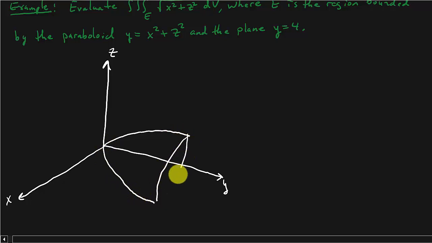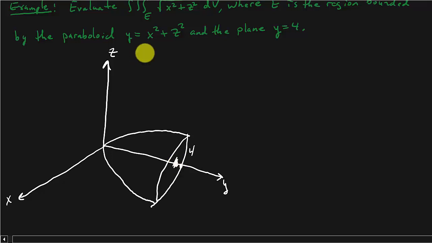We've got a paraboloid right here. And so that's this paraboloid y equals x squared plus z squared and the plane y equals 4. So that's a plane where all the y values are 4, x and z can be anything. And so we're out here at, well, I guess we could call it right in there at 4. That would be our 4 right there.